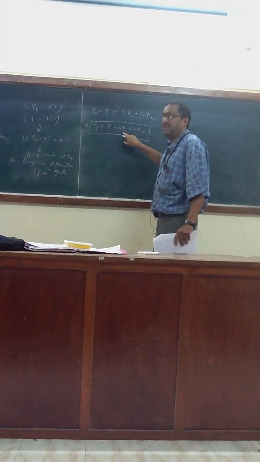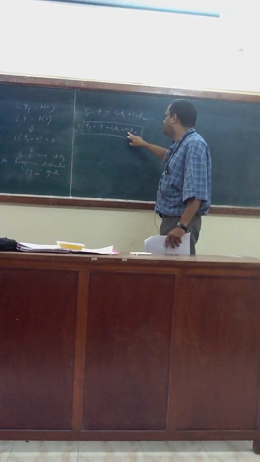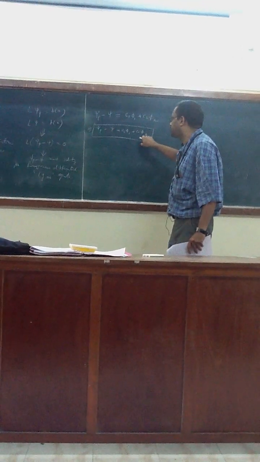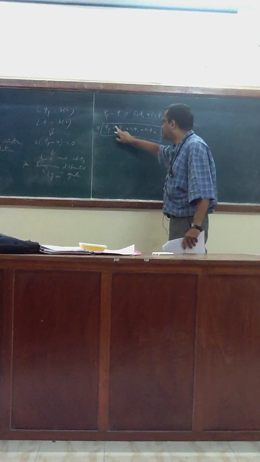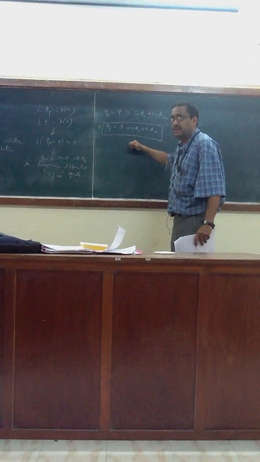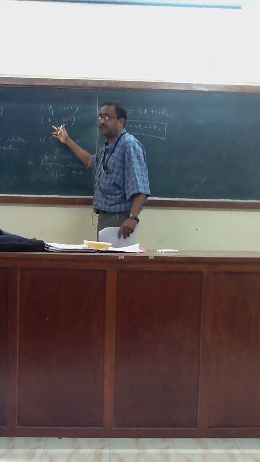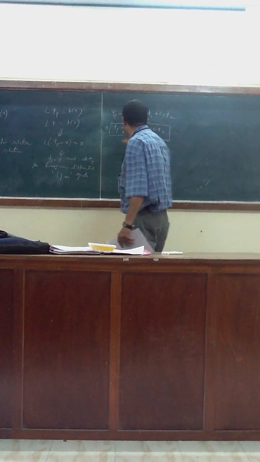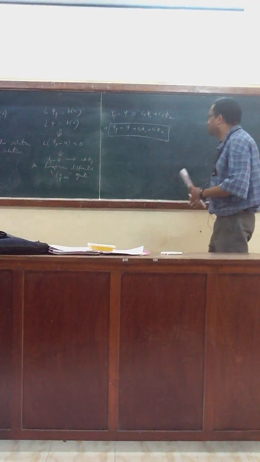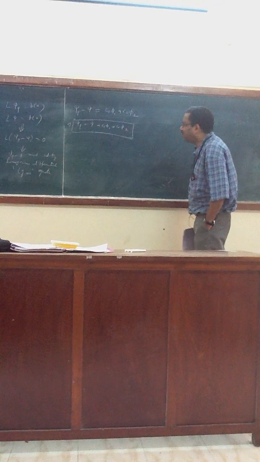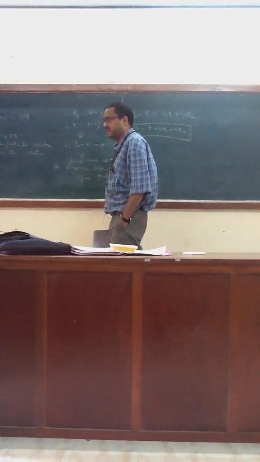C1 is a constant, phi 1 is a function of x. C2 is a constant, phi 2 is a function of x. And psi could be a function of x, it has to be, because it is also another solution of Bx, and it cannot be a constant. That means the entire thing has to be a function of x, but it cannot be of the C1 phi 1, C2 phi 2 nature.